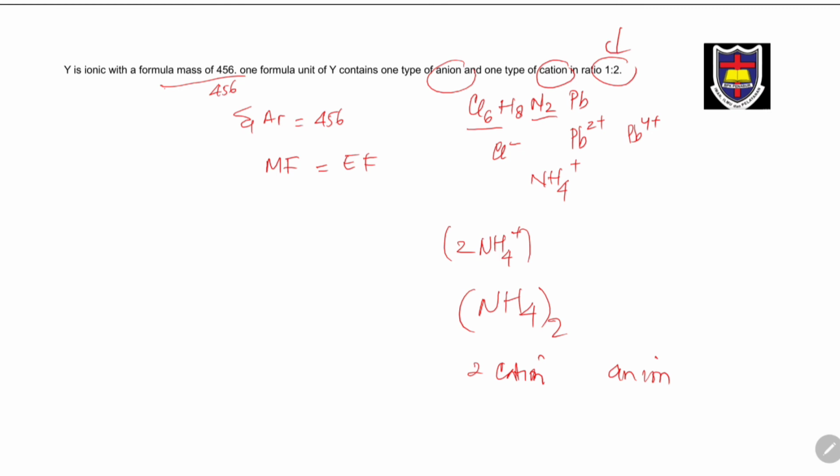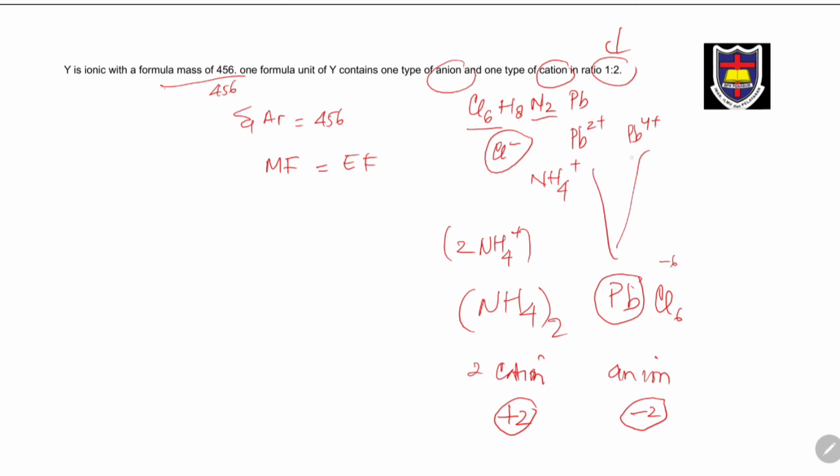The anion is the rest of the atoms: Pb and 6 Cl minus, so the charge of Cl is minus 6. NH4 plus times 2 becomes plus 2. To be neutral, the anion will be minus 2 in charge. We determine whether Pb is plus 2 or plus 4.